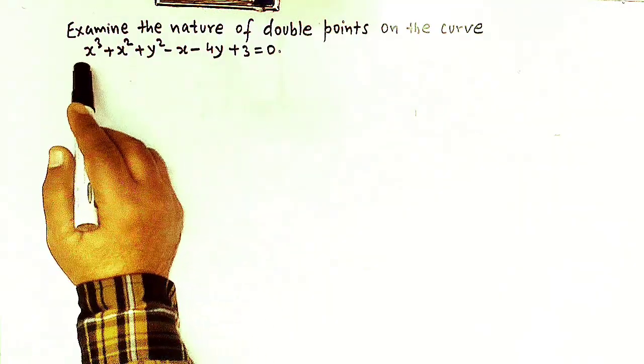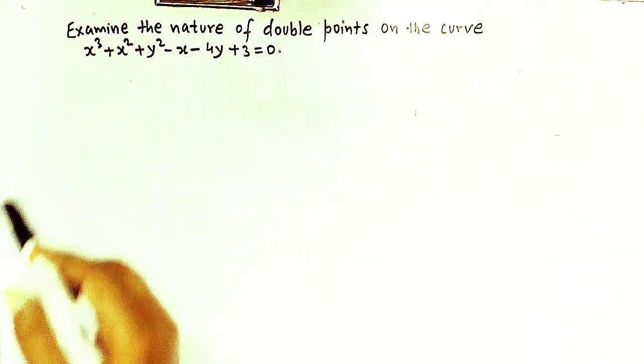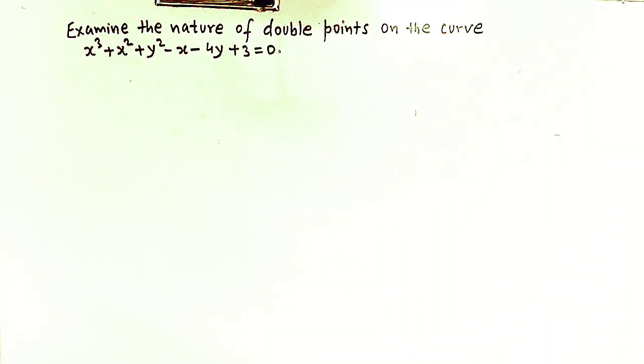So we'll here prove that this curve has a node as a double point, and we'll also discuss the necessary and sufficient condition for a curve to have a double point as a node, right?